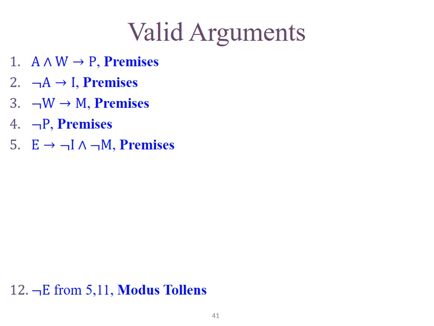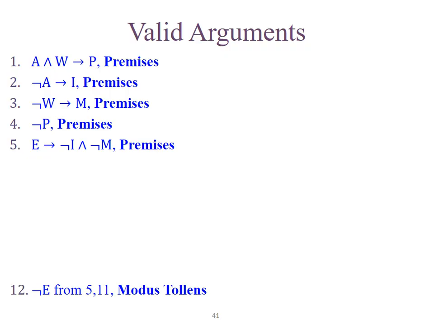Currently we have not P and not W then N, not A then I, and W then E. We don't have anything with I or N and not E, so we cannot trace back. So how about we start from our premises to see if we can write something here, then we can derive this step. Let's see what we can do by this, then we can come back to this.